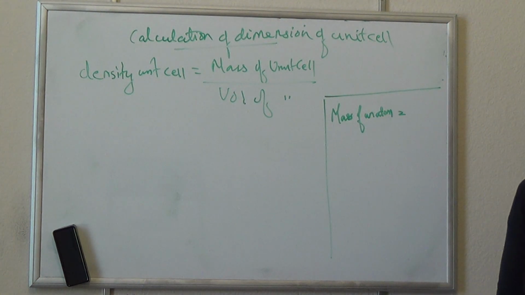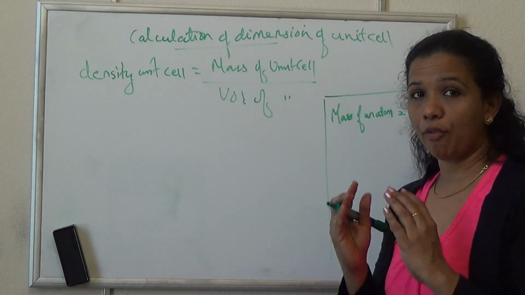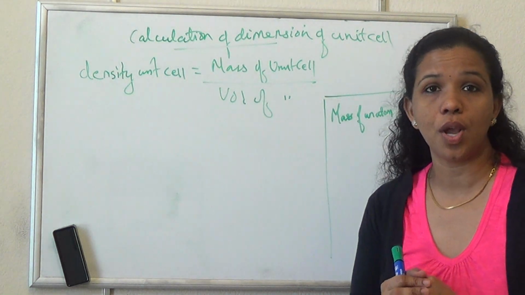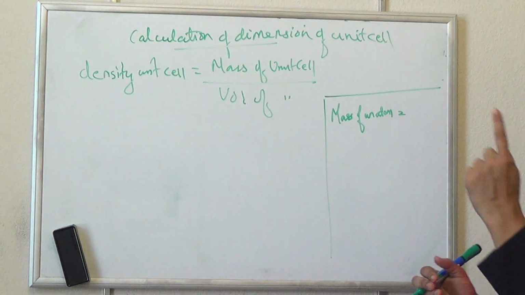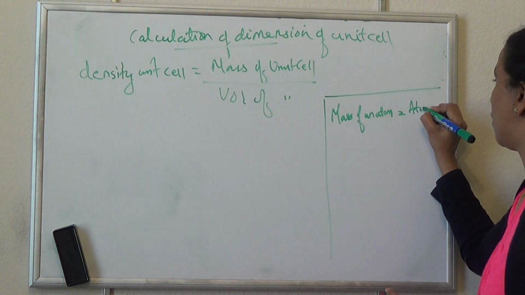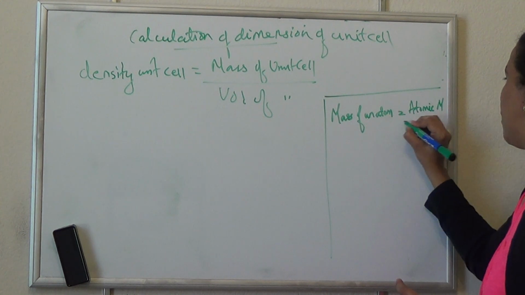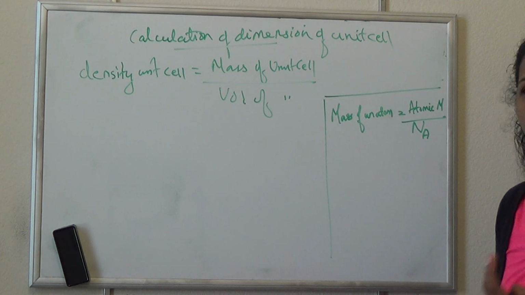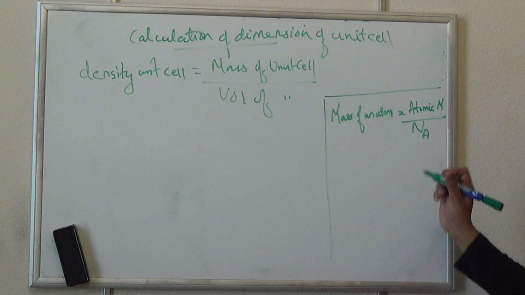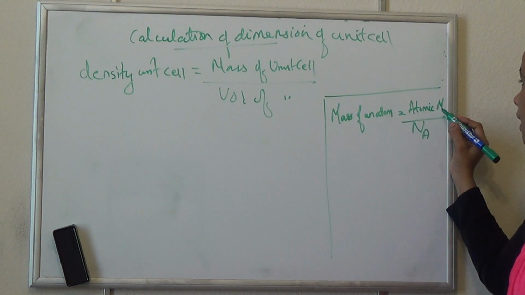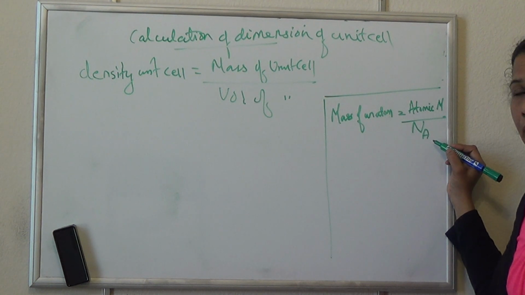Atomic mass is the mass of Avogadro number, that is 6.0228 into 10 raised to 23 atoms. So mass of one atom is equal to atomic mass or molecular mass divided by Avogadro number, represented by Na or N0. You can use any term. So mass of an atom is atomic mass by Na.